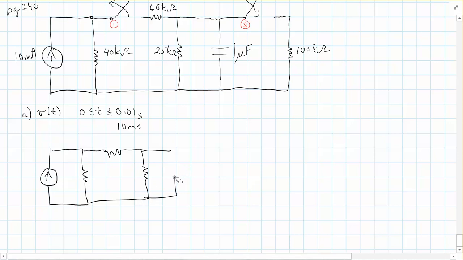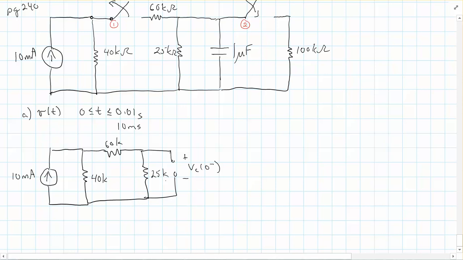And actually I'm going to redo this capacitor because this is an open circuit, because a capacitor behaves as an open when it's been charged up. And of course we're doing this because we want to find VC at 0 minus, because we know again that voltage for a capacitor stays constant when you open or close the switch. And so this is 40K, this is 60K, and then this is 25K.